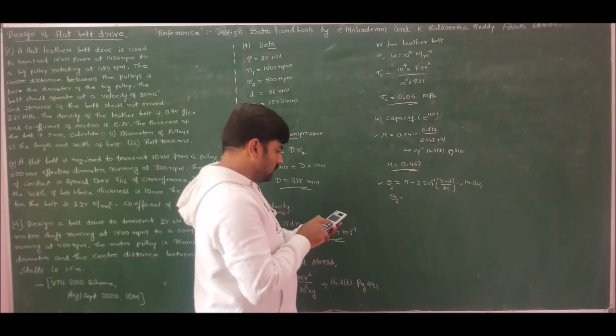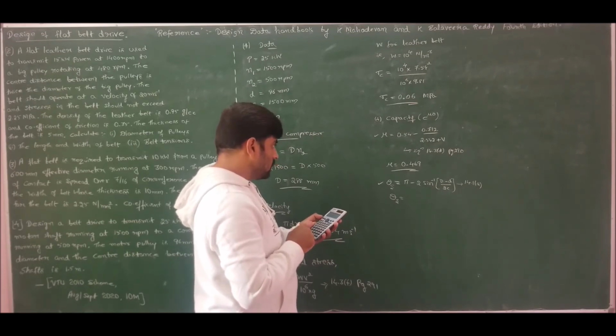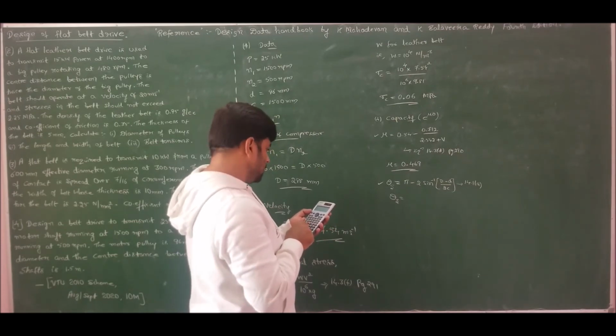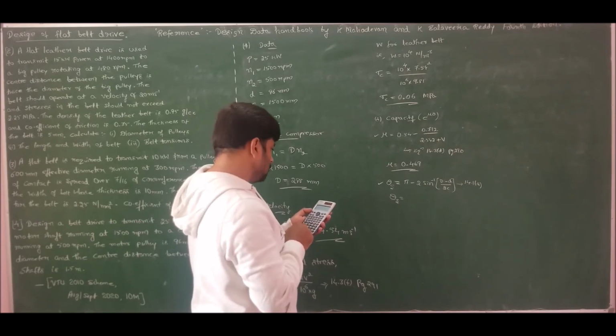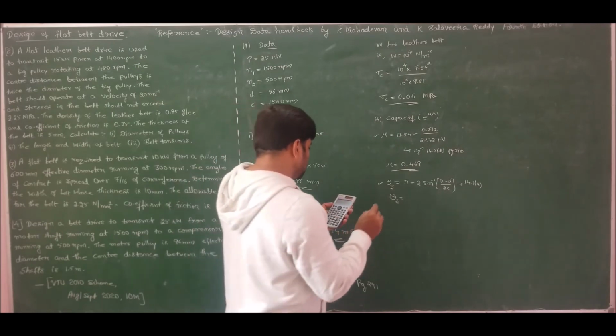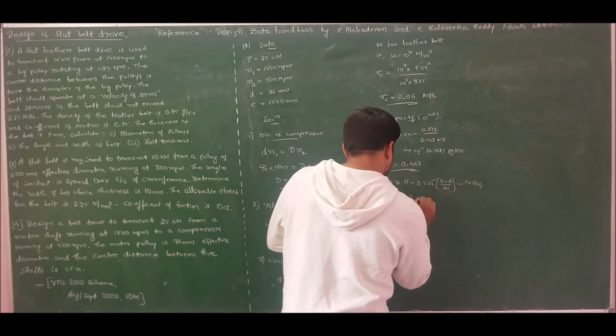So first I will convert it into radian mode. Now if I calculate pi minus 2 into sin inverse of capital D is 288, small d is 96, divided by 2 times center distance is 1500. If I solve, I will get theta s as 3.014 radians.